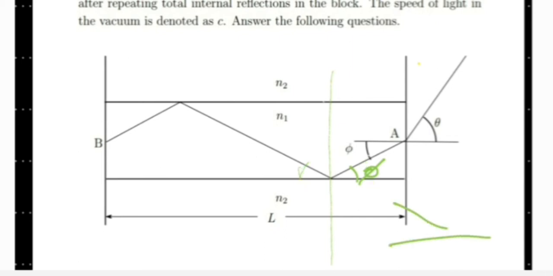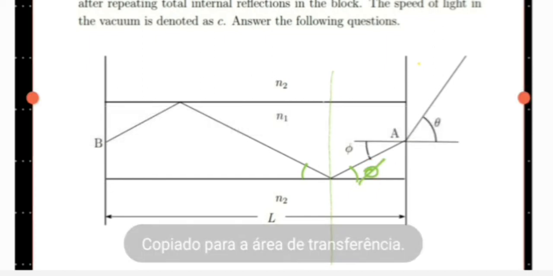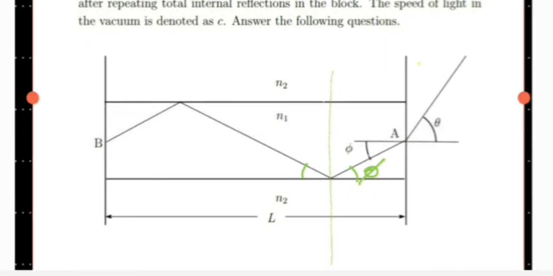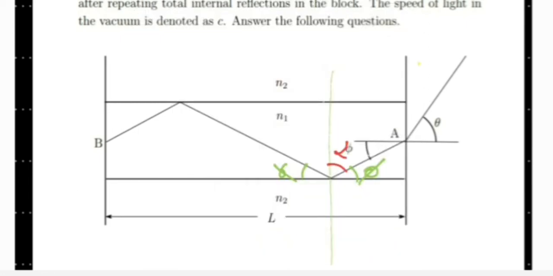When the beam of light hits, it goes out at the same angle. Now I'm going to call this angle over here alpha. Let me do it in red. This is alpha, okay?